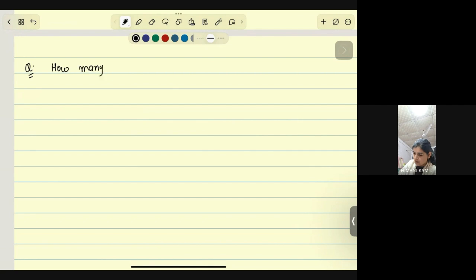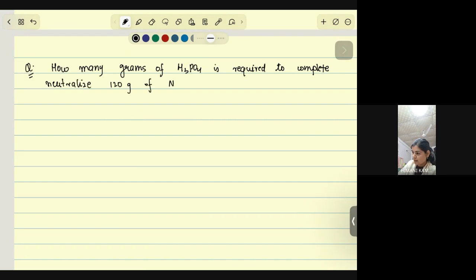How many grams of H3PO4 are required to completely neutralize 120 gram of NaOH? First write the equation, plus H2O. First balance it.